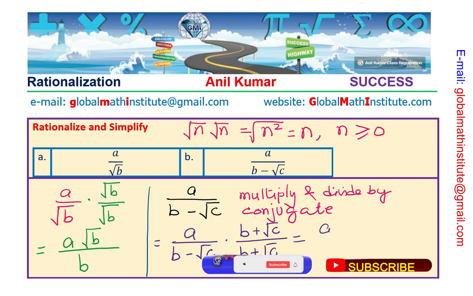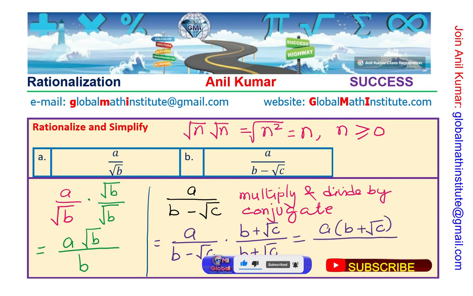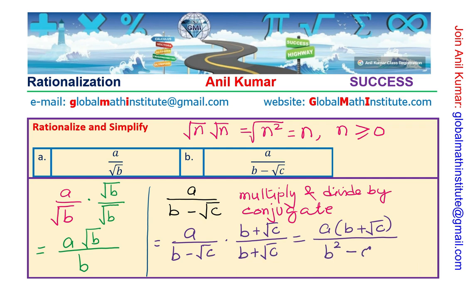So in the numerator, you get a times b plus square root c. And in the denominator, we have b minus square root c times b plus square root c, which is b square minus c. Right? So that is how we have removed the square root part from the denominator. So this is rationalization of the denominator.